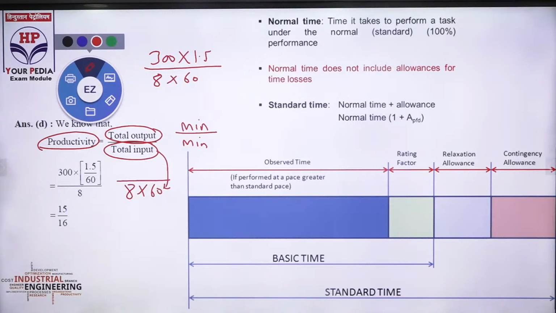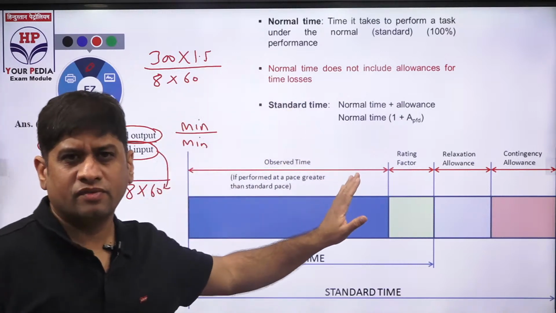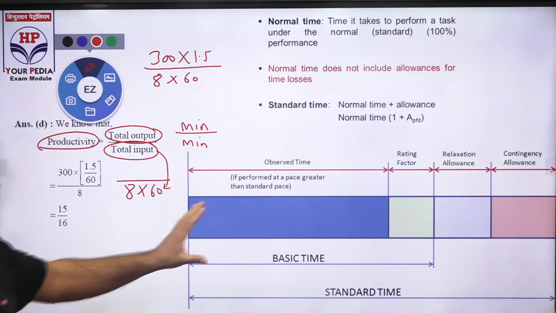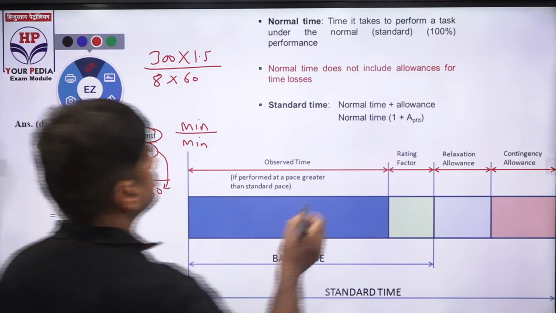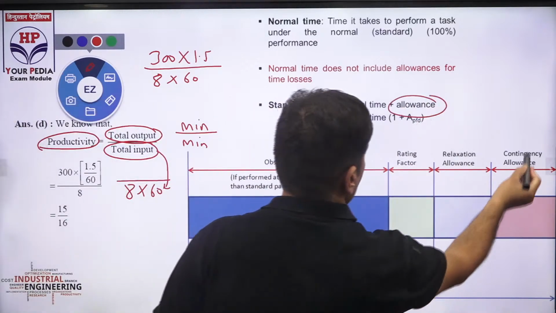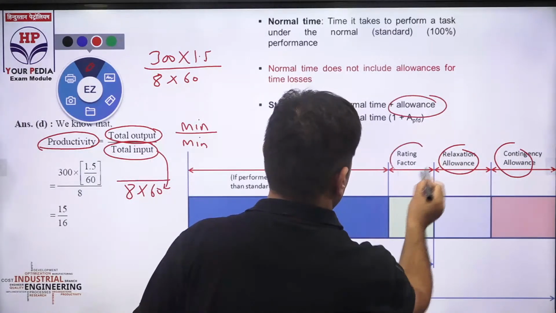You should also know what is standard time and what is normal time. Normal time is the time which you will take to perform a task normally. And standard time includes the allowances and other things also: contingency, relaxation allowance, rating factor.